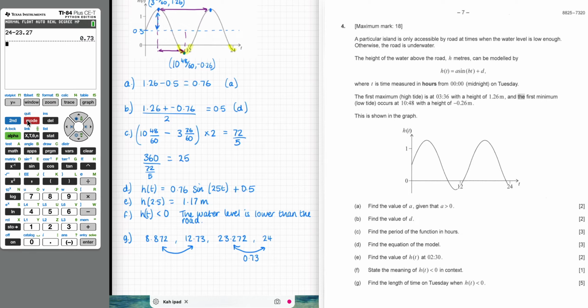Because when I do that subtraction, I've then lost my 3 significant figures. So I'm just going to change that, making sure that we're always to 3 significant figures. And then we can do the second one there. So we have 12.73 minus 8.872. So that's 3.858.